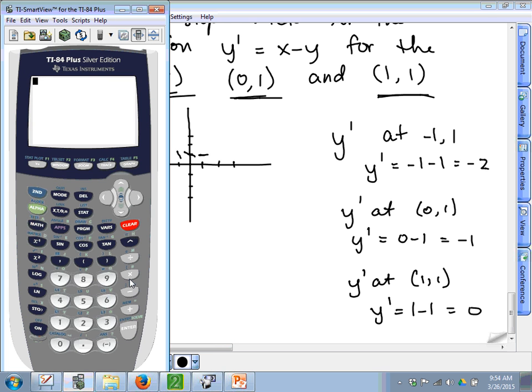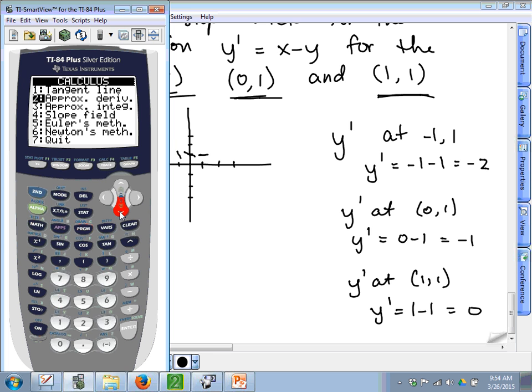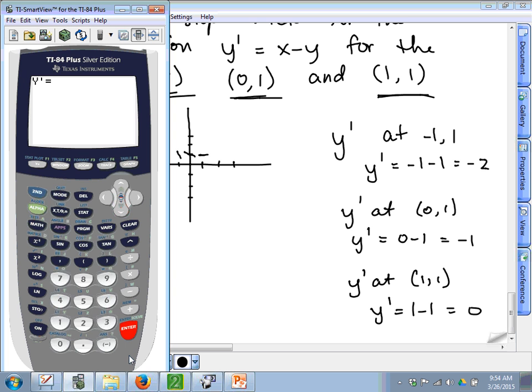This is something that you guys are probably going to want to get at some point before the AP test. It's one of the programs I've given to some of you, AA Calc 1. If you run the program, the fourth option here is a slope field.